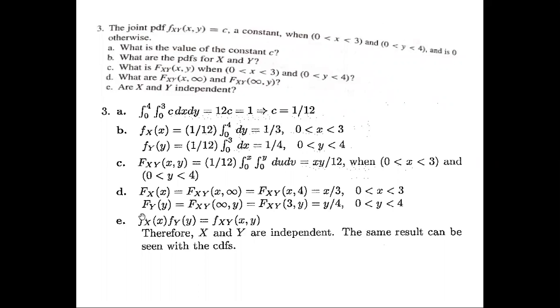Thus we can say that f of x times f of y is equal to f of x, y, and because they are separable, we say that they are independent.